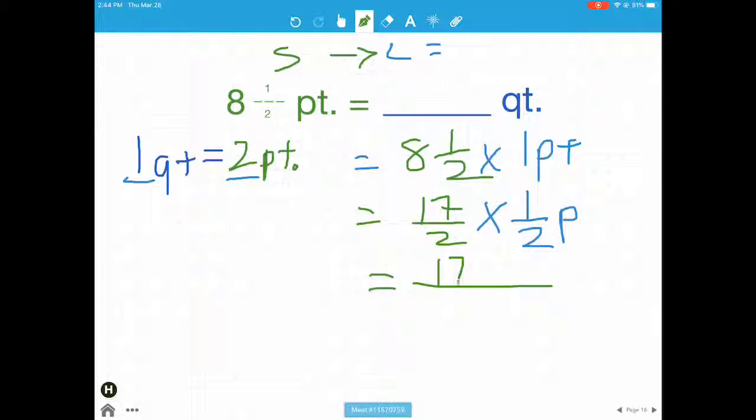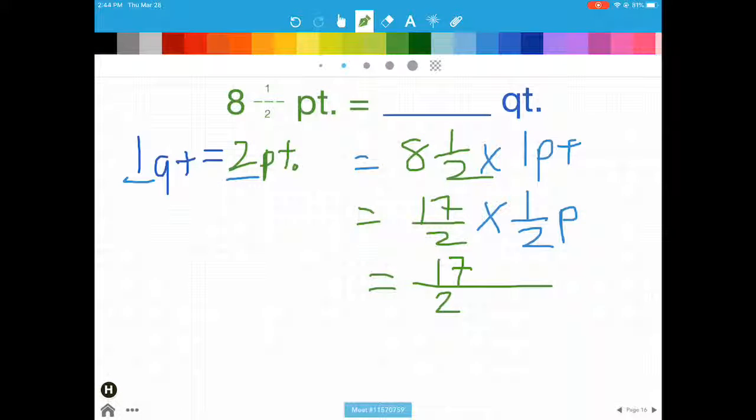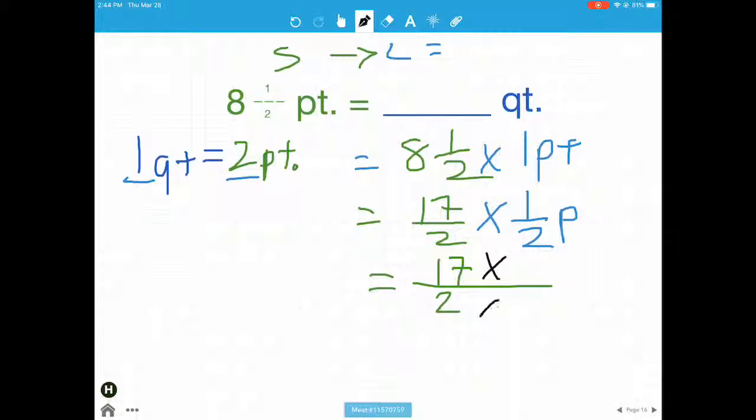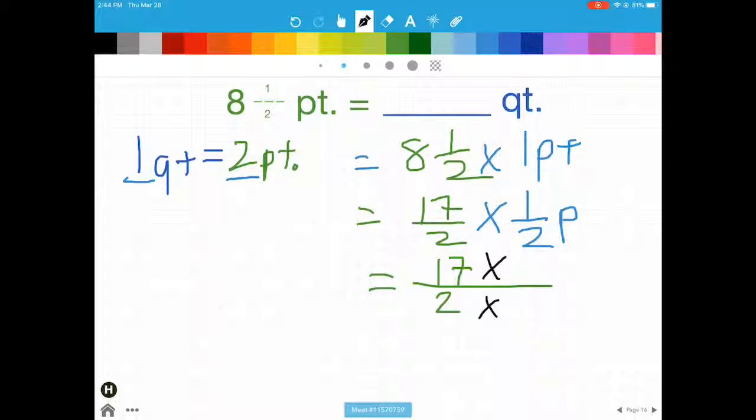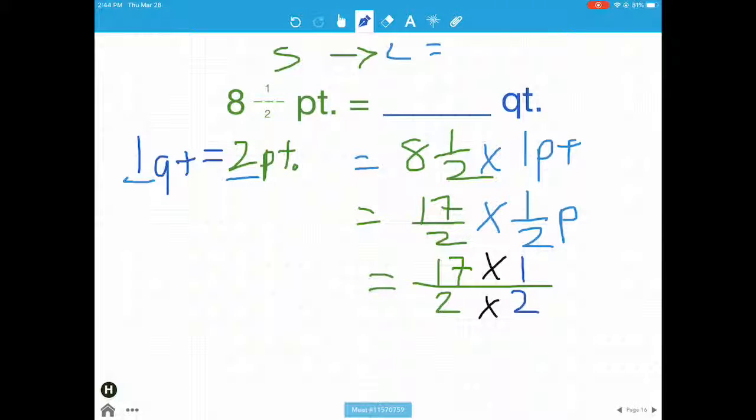Then I'm going to have 17 and 2 over here, and I'm going to multiply it times 1/2. Okay. There's no cross canceling here.